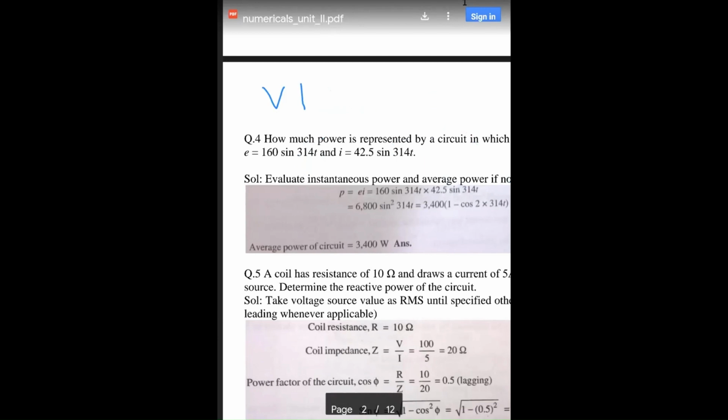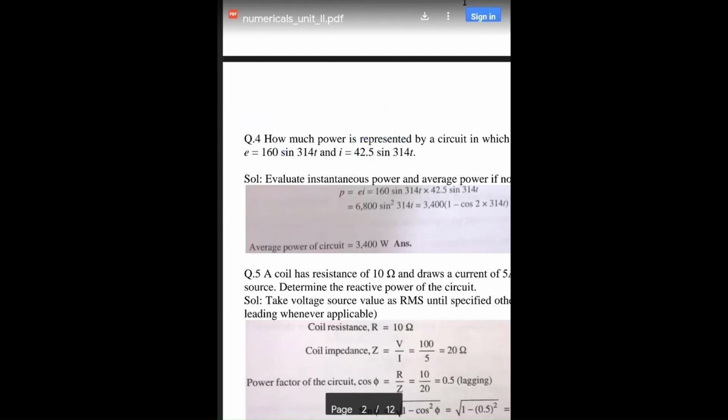So we are left with Vrms Irms, which can be substituted by Vm by root 2 and Im by root 2, and root 2 times root 2 becomes 2. So this is the Vm or Em, whatever it may be, and this is the Im. When these values are substituted here, we get the average power like this. Clear? Now it is clear to everyone.